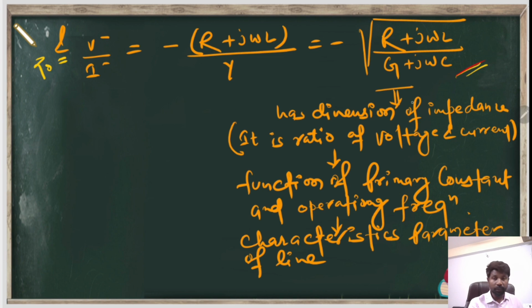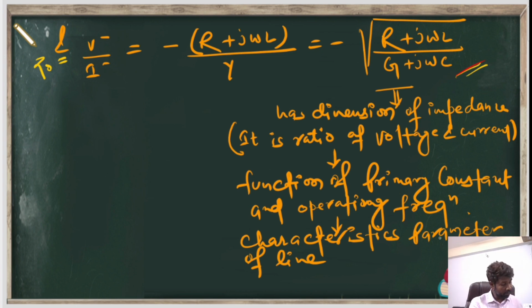Since it is a ratio of voltage and current, it has the dimensions of impedance. So this expression is called the characteristic impedance of the transmission line. This Z0 is a function of the primary constants and the operating frequency.